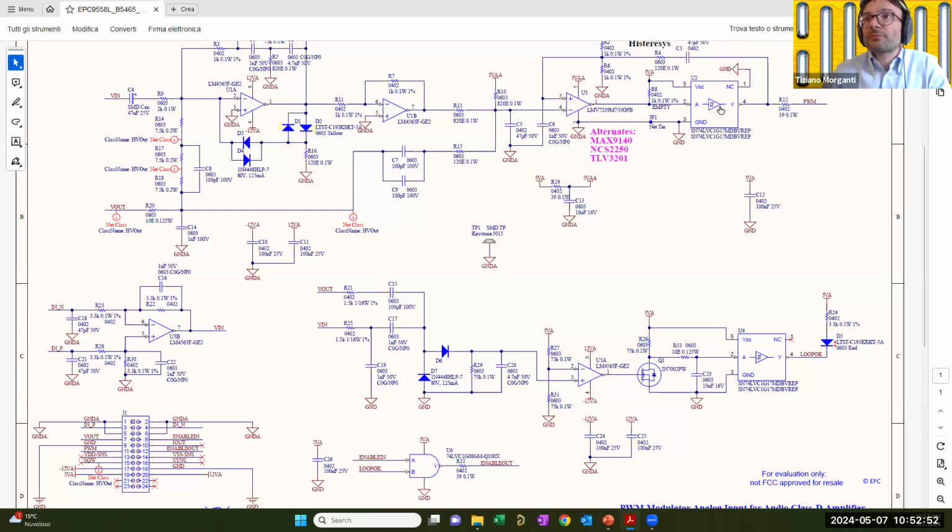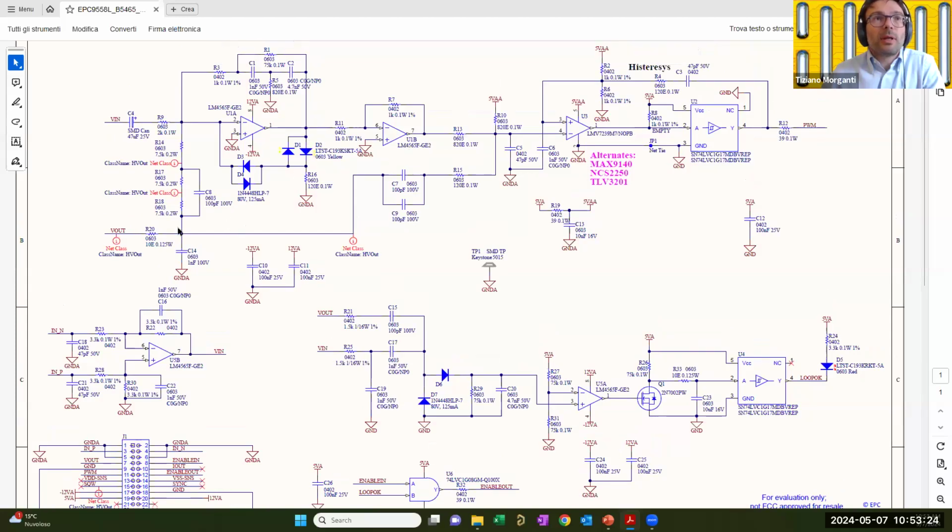Then this loop here will dampen the output filter resonance. The output filter resonance is 10 microhenry and 0.68 microfarad, I think around 60 kilohertz, something like that. So this circuit here helps to improve the outer loop feedback.